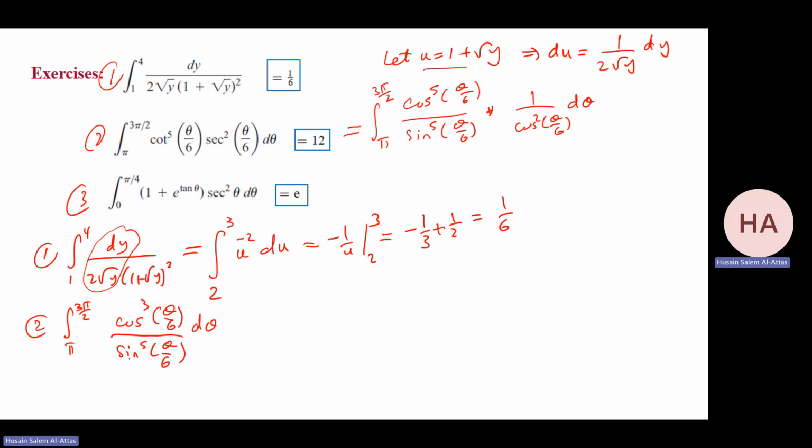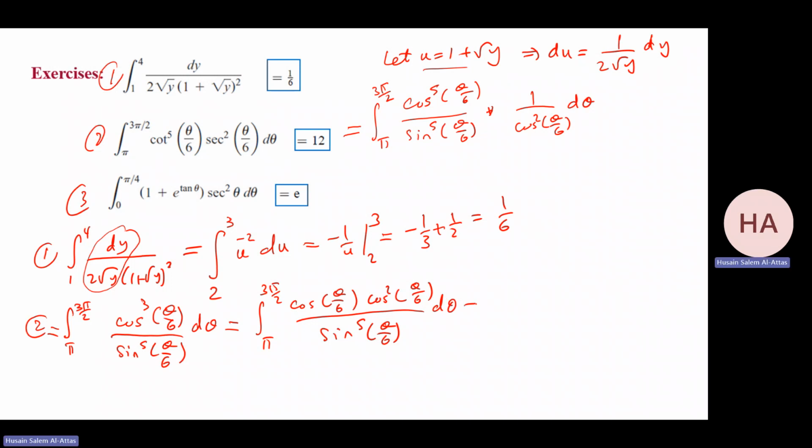I will take sine as u, so I have cosine, but now I have cosine cubed. So let me split it into cosine of theta over 6 times cosine squared of theta over 6 over sine to the power 5 of theta over 6 d theta.